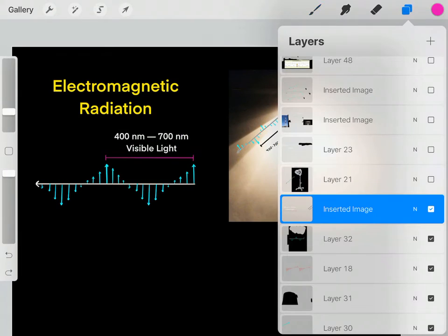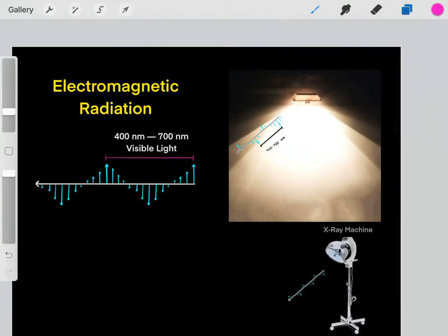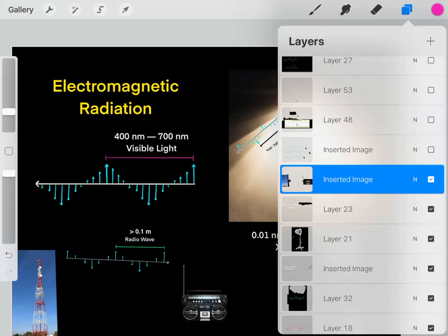However, maybe we can have an X-ray. An X-ray machine will emit X-rays, which is another type of electromagnetic radiation. However, by definition, an X-ray will have a wavelength in this range. That's the convention humans have chosen to define these X-rays. We can also have radio waves.